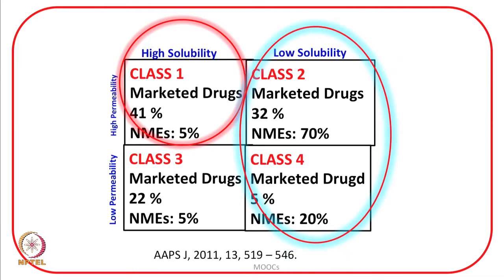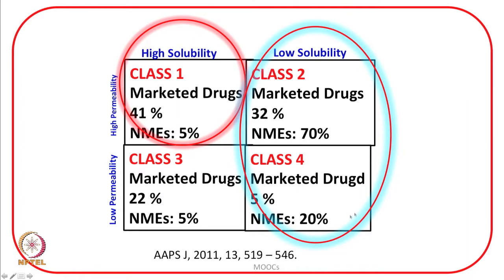Whereas 90%, 70% plus 20%, of the new molecular entities fall into the category of low permeability, low solubility or high permeability, low solubility. And solubility, you see, is the major concern over here. There is still a fraction, 5%, where permeability is low but solubility is sufficient.